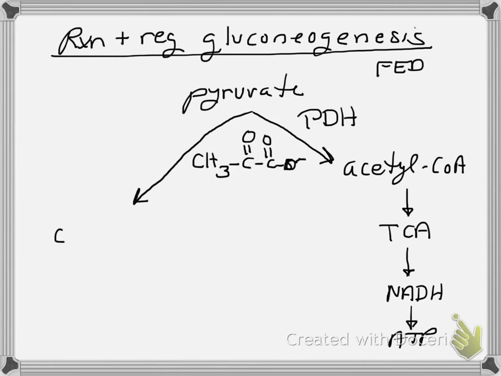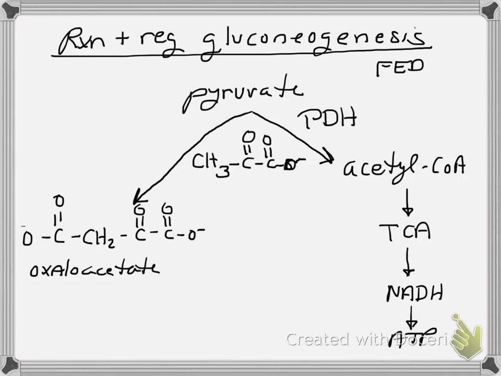And what we are going to form is a TCA intermediate, and this TCA intermediate is oxaloacetate. So this is a carboxylation reaction. CO2 will be added into this reaction, and the enzyme that does this is called pyruvate carboxylase.